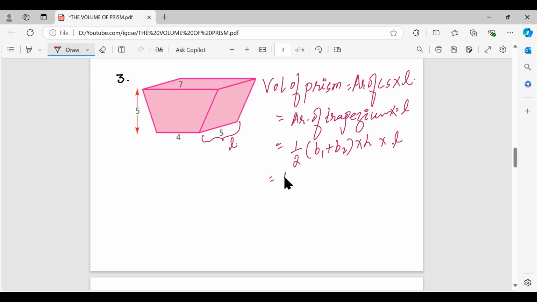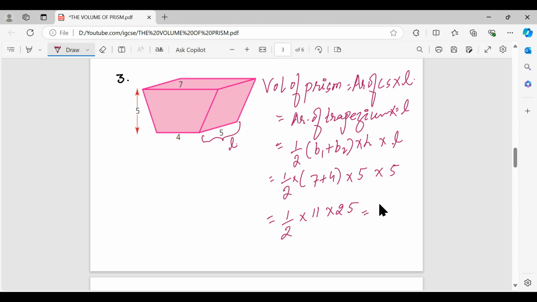So let's plug in the values. It will be half times 7 plus 4 times 5 times again 5. So we have half times 11 times 25.